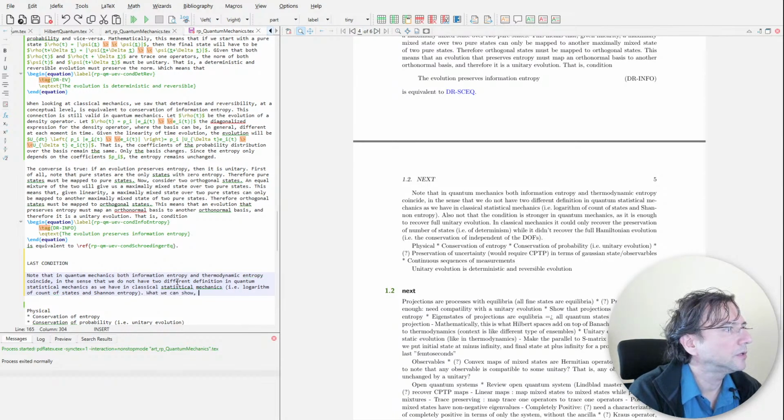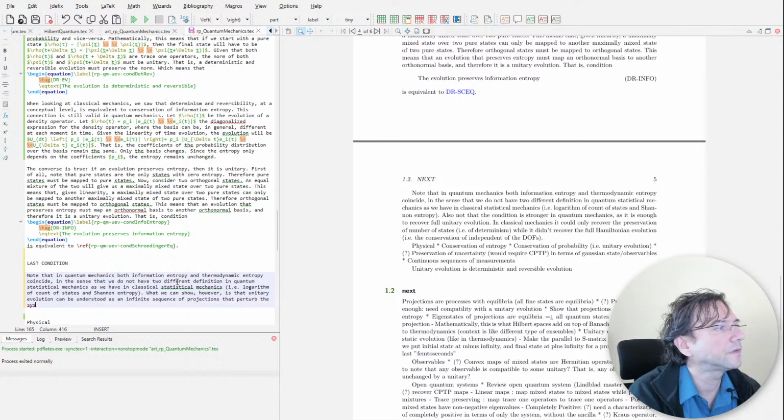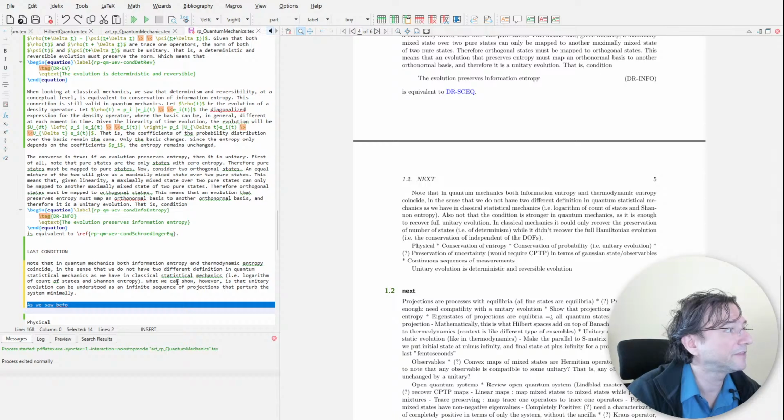We can show, however, is that unitary evolution can be understood as an infinite sequence of projections that perturb the system minimally. As we saw, okay, so I should give the example here.